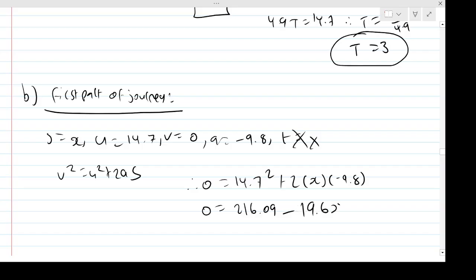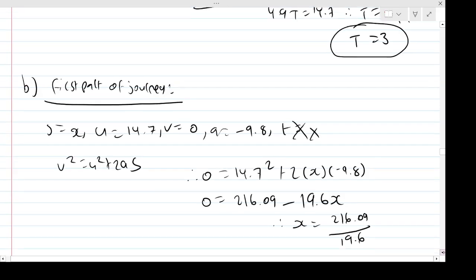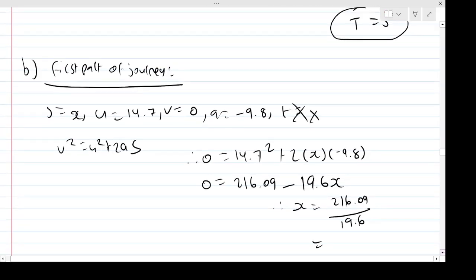So if I solve for x, x is going to be 216.09 divided by 19.6. And that will get me 11.025 meters. And so there we are.